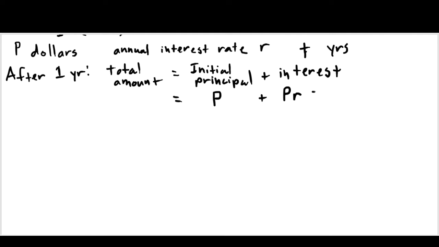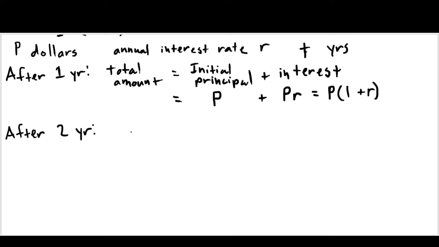And then I could factor out a factor of P, and this is equal to P times 1 plus R. So after 1 year, the total amount of money in the bank is given by this. Now, after 2 years, what happens again?